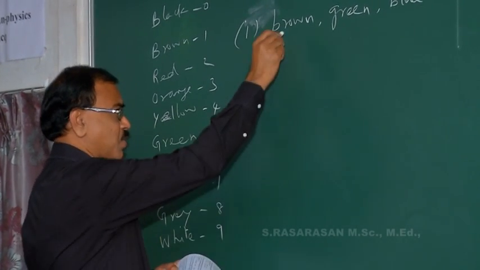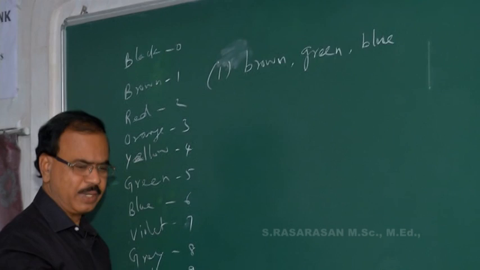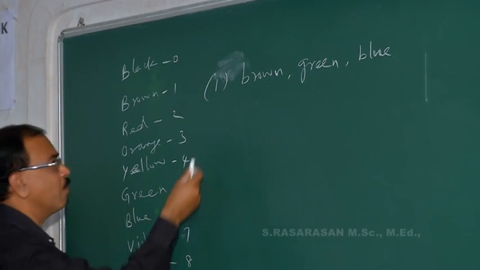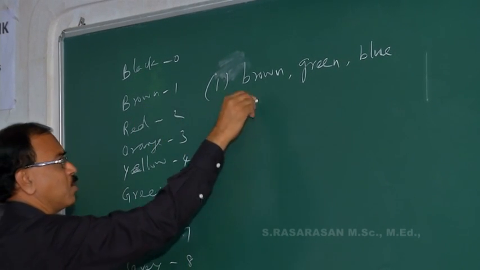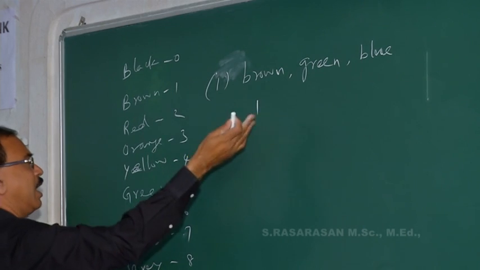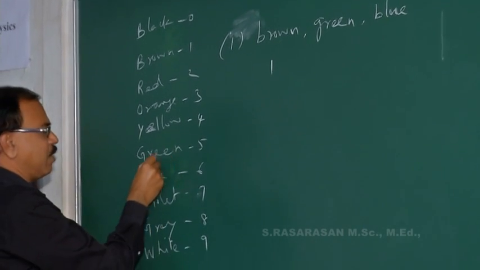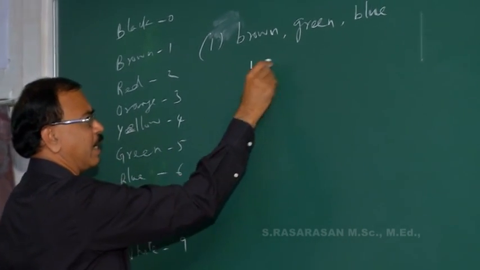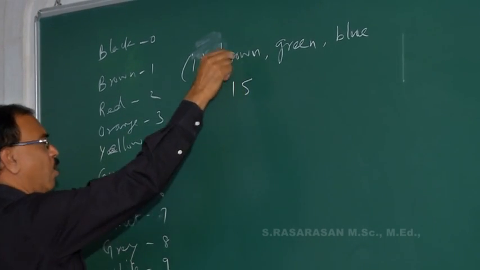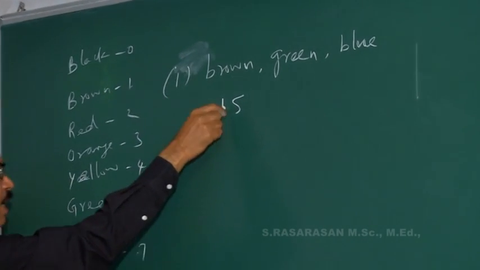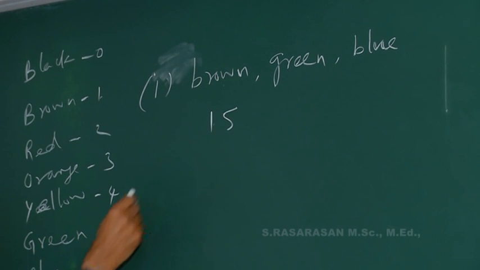Say this first color represents the first significant figure. What is the color? Brown. It is 1. And the second color is green, the second significant figure. Brown is 1, number 1 is given. For green the number 5 is given, it is 5.